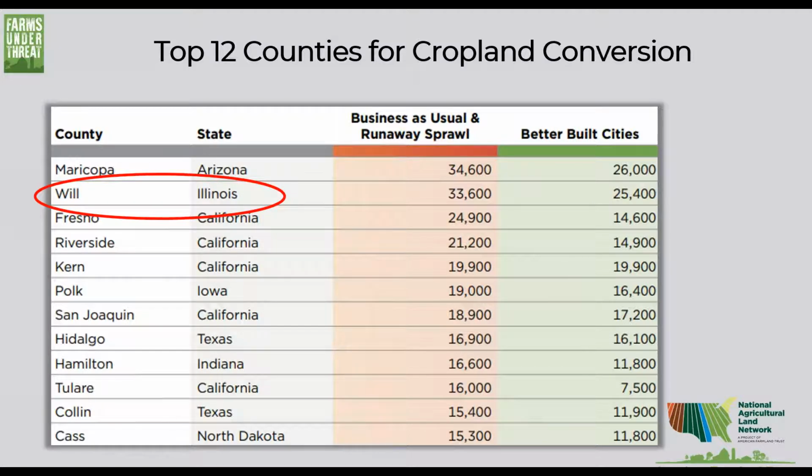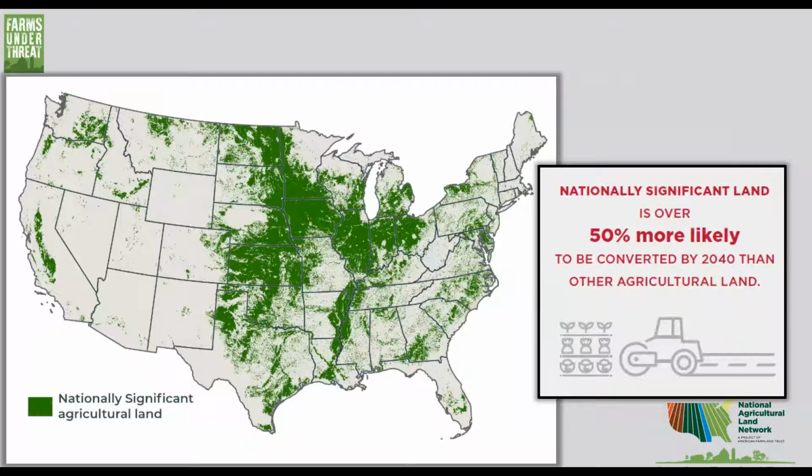Another key finding relates to the impacts on our very best agricultural land. For previous reports, AFT created the first ever index of agricultural land quality that looked at the productivity, versatility, and resiliency of land, or what we called its PVR value.